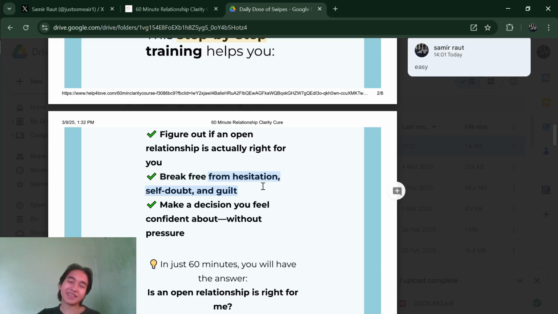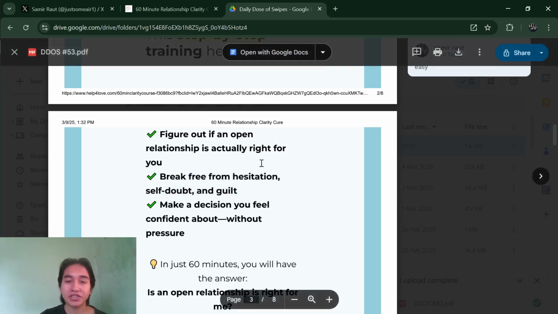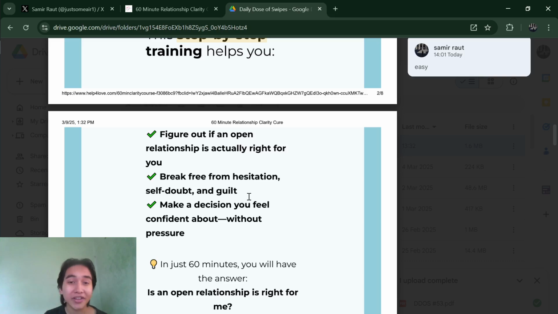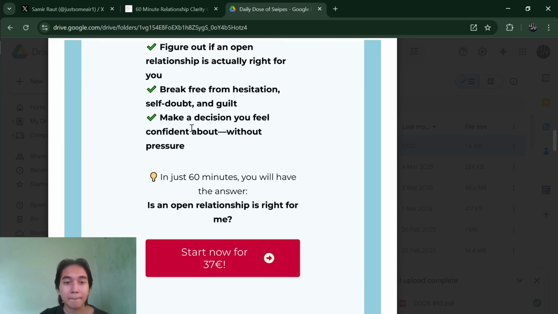Now, as I said, this is kind of vague, which could have been more descriptive. Break free from hesitation about what, self doubt regarding what, guilt from what, right? More descriptive. If you could have hidden more of those buttons, right? Make a decision you feel confident about without pressure.